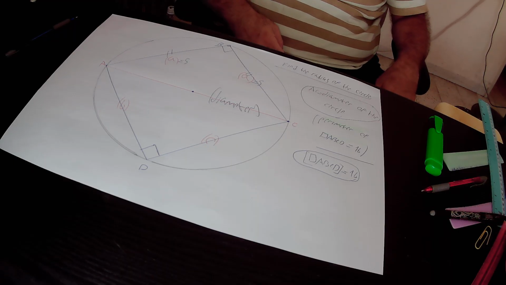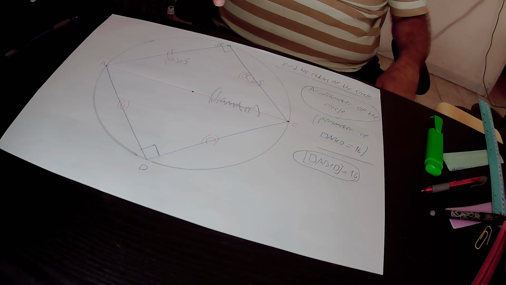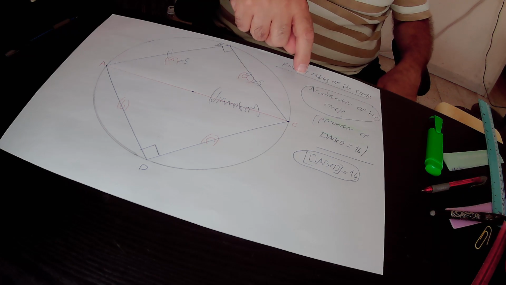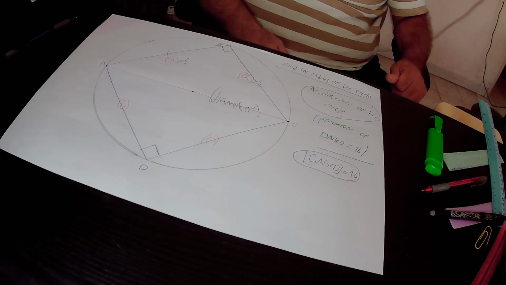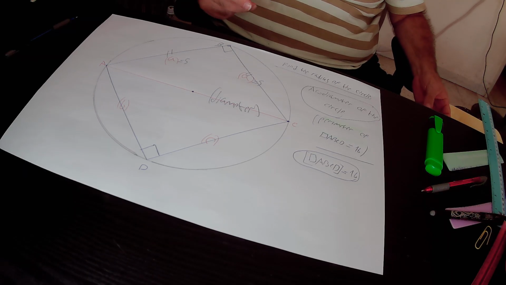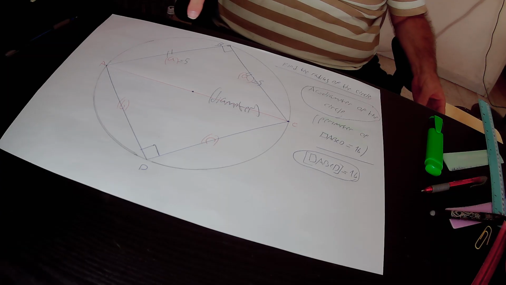We also know that the perimeter of this quadrangle ABCD is equal to 18 units in its length. That is to say, the sum of the side lengths of this quadrangle ABCD is 18 units.